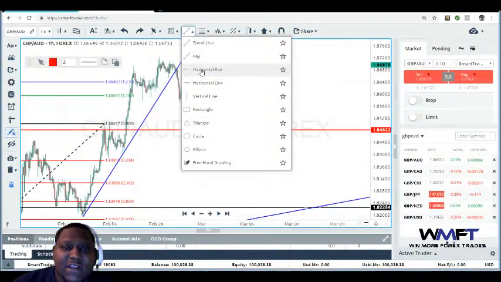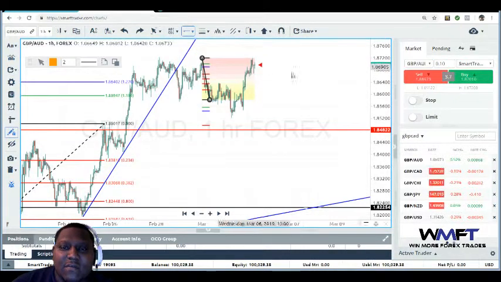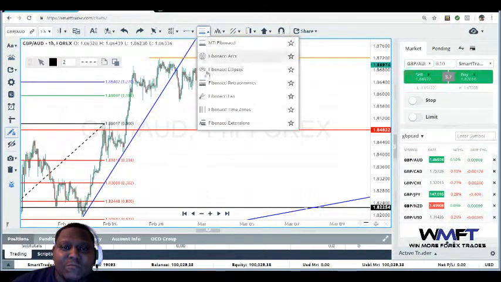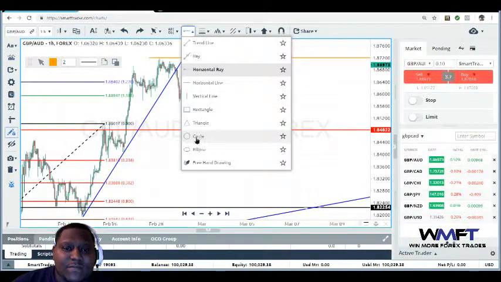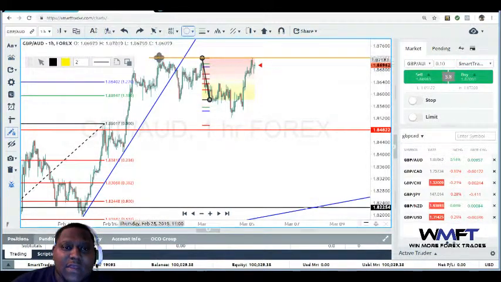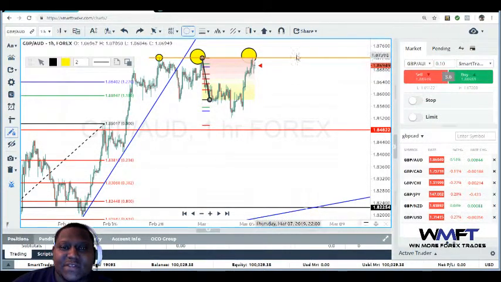If you guys can see that right here, multiple points of resistance. We got one resistance, we got two resistance, and we got three resistance.